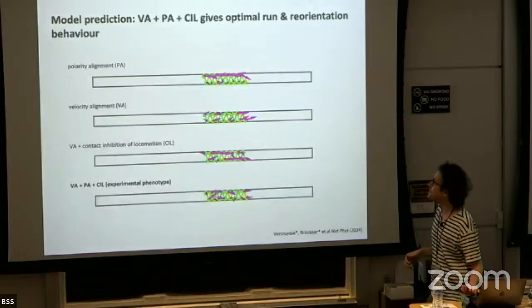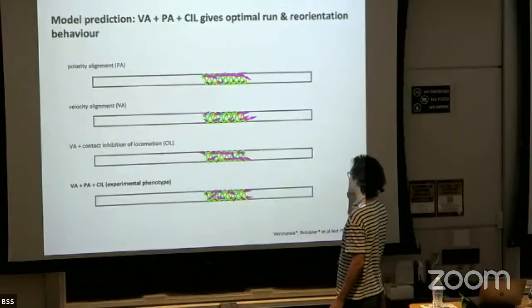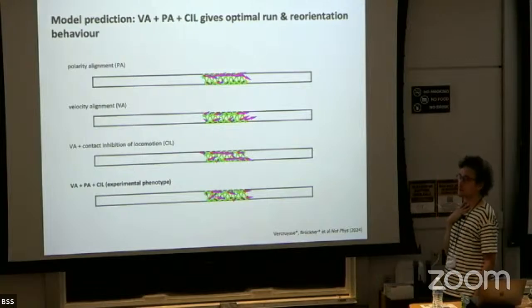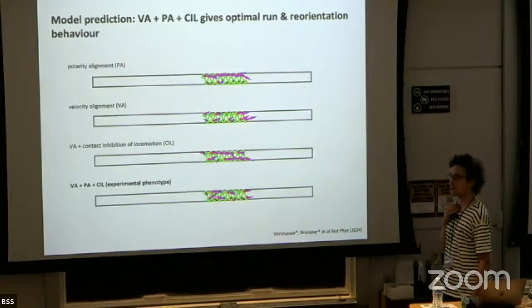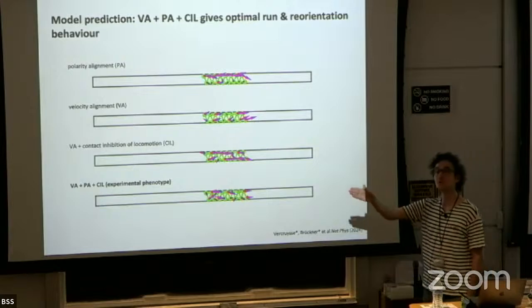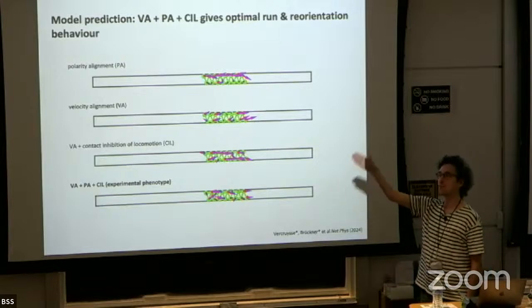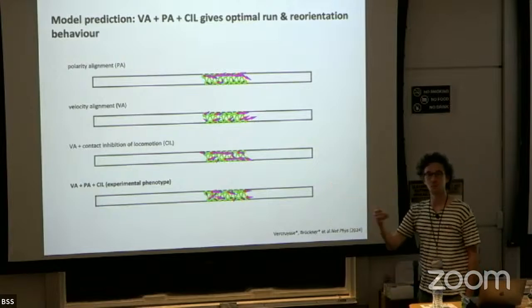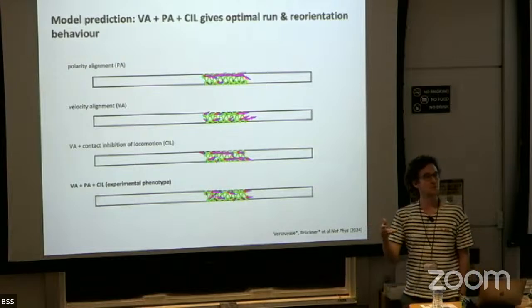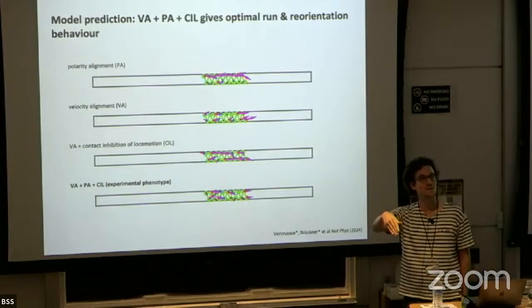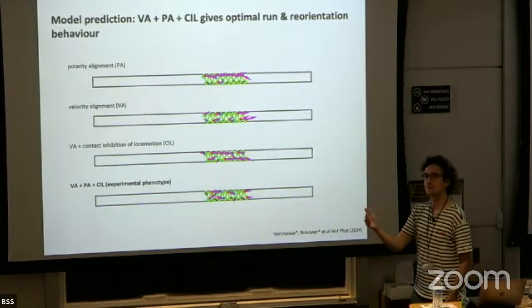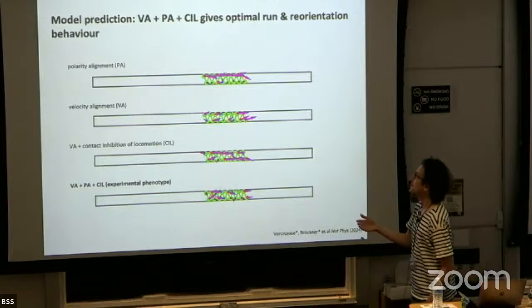And one thing that we realized is that if you think about what cells actually encounter, they're never going to encounter an infinite 1D line where they always move in one direction, right? What's probably important is that you need to navigate. You need to be able to repolarize and go against an obstacle, for instance.